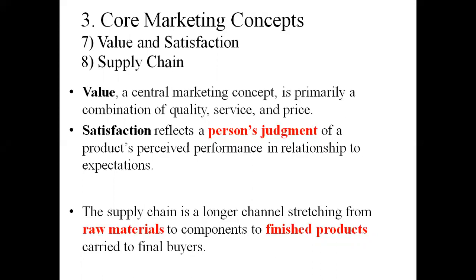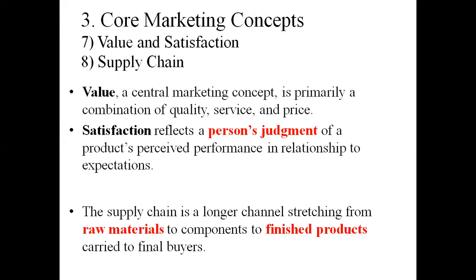Next, we are going to discuss the supply chain. When we say supply chain, we are talking about the raw material to the finished product reaching the buyers. Somewhere we were discussing marketing intermediaries also.